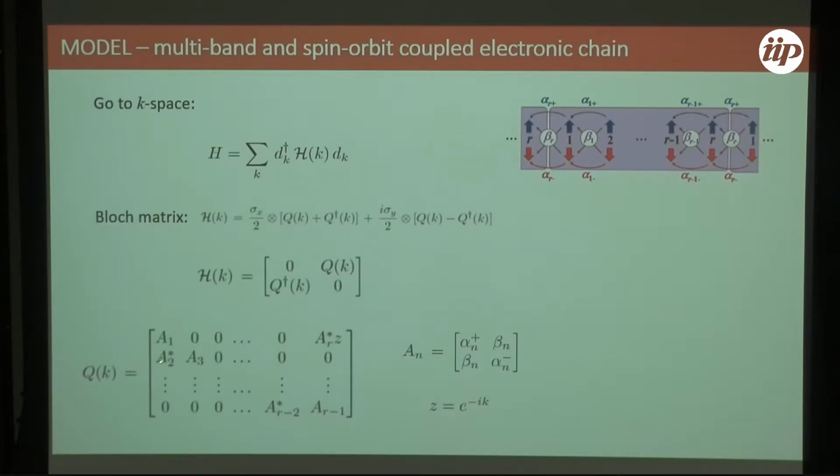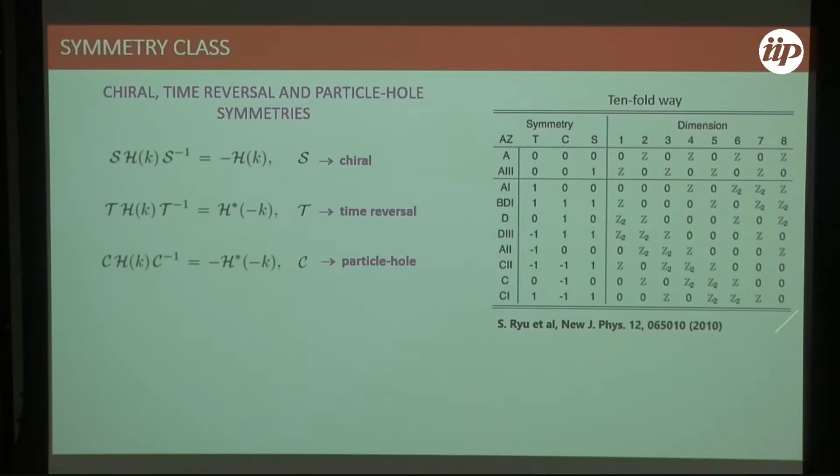And here, these A matrices are little 2 by 2 matrices, which are written in terms of those alphas and betas, which are, again, the spin-conserving and spin-flipping hoppings acting throughout my lattice. And by doing that, I'm able to characterize the symmetry class of my Bloch Hamiltonian.